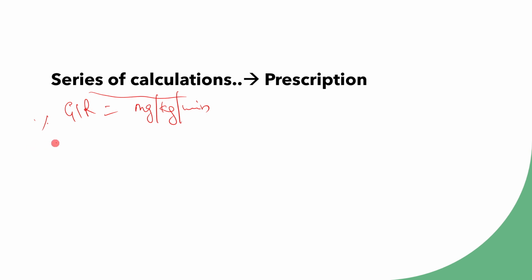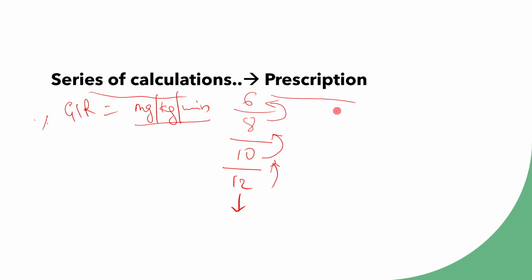This glucose infusion is arbitrarily started, say for example at 6, and if the glucose is not maintained at 6 mg per kg per minute, it is hiked to 8, then to 10, then to 12, and so on. In case the glucose gets controlled and there are subsequent satisfactory readings, then we usually come back from the original value to a value 2 mg per kg per minute lesser.